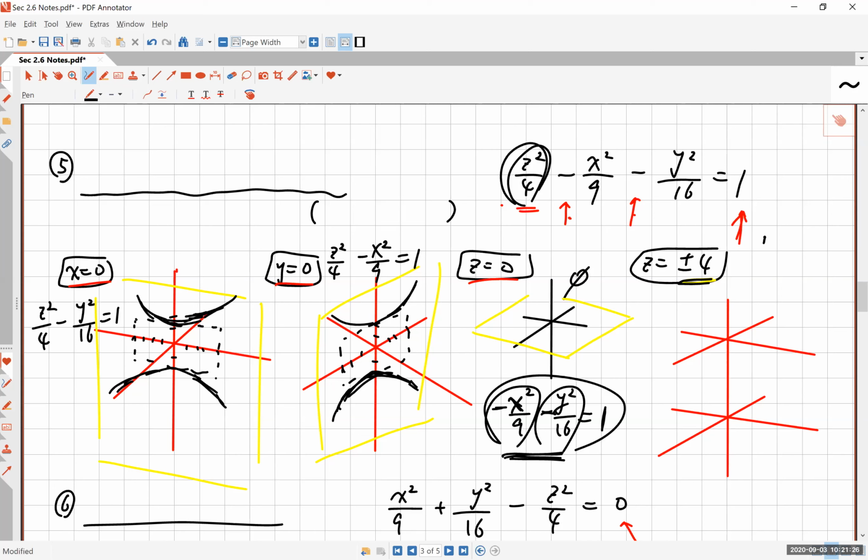So this will be 16 over 4 minus x squared over 9 minus y squared over 16 is equal to 1. Sorry about that. So it's going to be x squared over 9 plus y squared over 16.